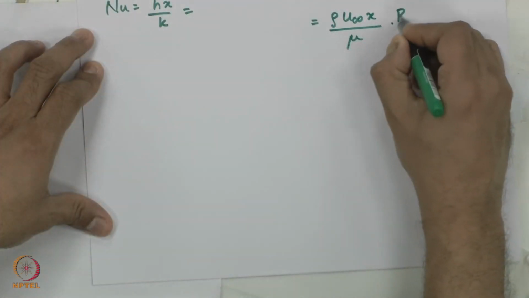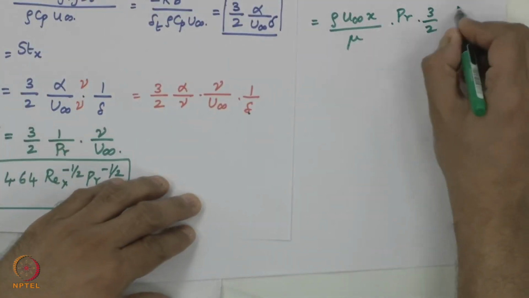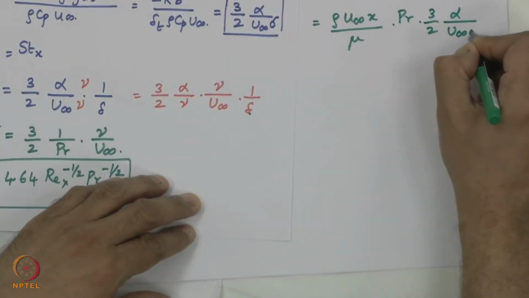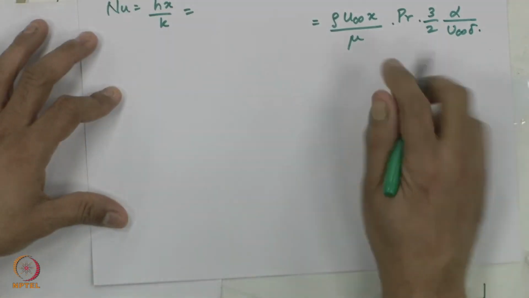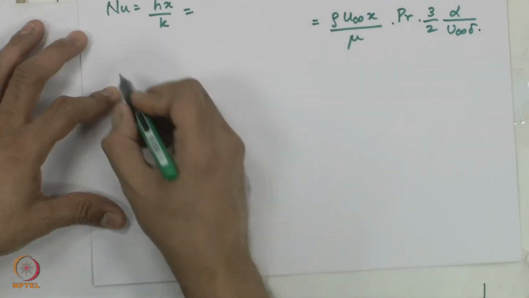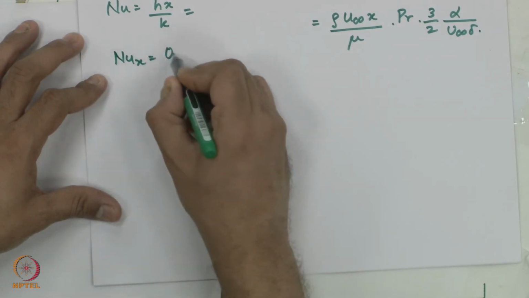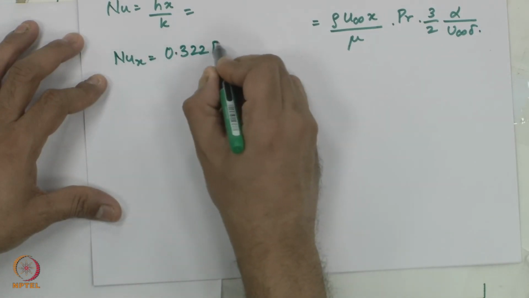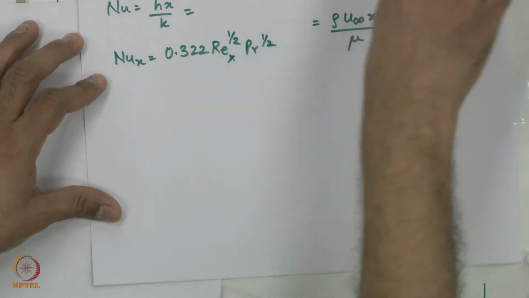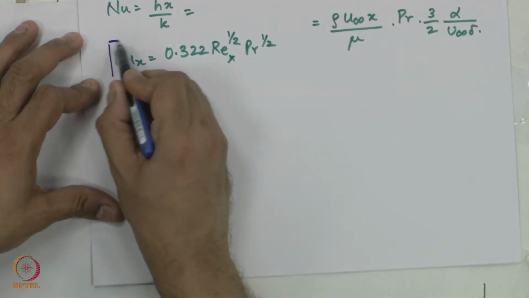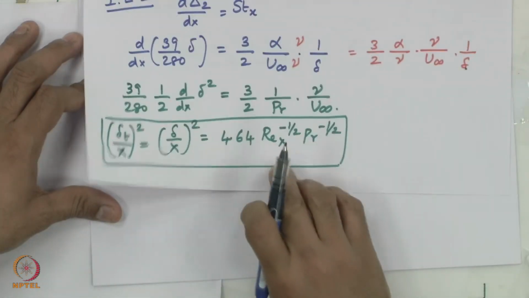This is Pr as it is. Stanton number we had was 3 by 2 alpha by u infinity delta. So, I substitute for delta here. Okay. This is Re as it is. So, I can write this as Nusselt number would come out to be 0.322 Re to the power half Pr to the power 1 half. This is something which you can do with couple of steps of algebra after having obtained this.